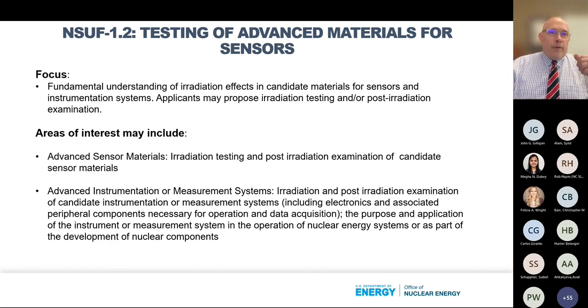So we were involved in both sensors for power plants, for operating plants, but also sensors and instrumentation for test reactor and research reactor experiments, which basically live in a very different environment and require different sorts of testing to get there. So we have a topic area specifically for that.